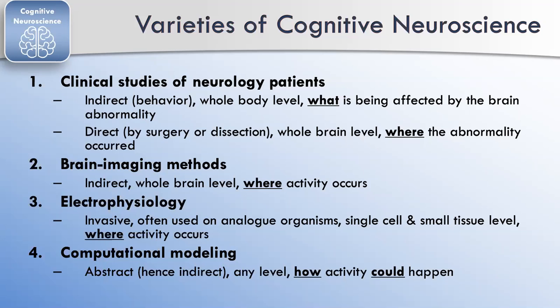Electrophysiology is a little bit older, at least some portions of it. And computational modeling. Each of these provides different kinds of evidence, and how it integrates into the whole field and into our understanding of the mind is going to be an issue.